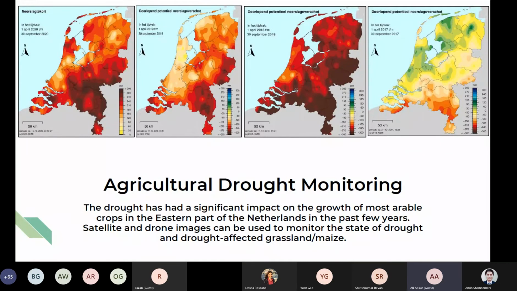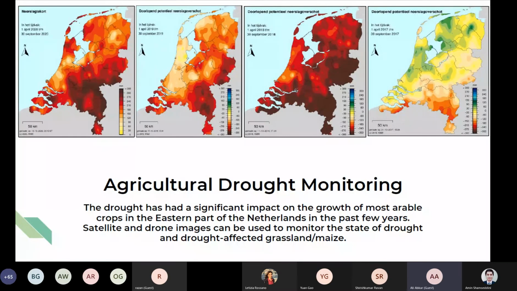As you can see from these maps, we see the cumulative potential precipitation surplus in millimeters, which shows the difference between the amount of precipitation and the calculated reference crop evaporation. This difference is summed daily in the period from 1st April to the 30th of September, the growing period.